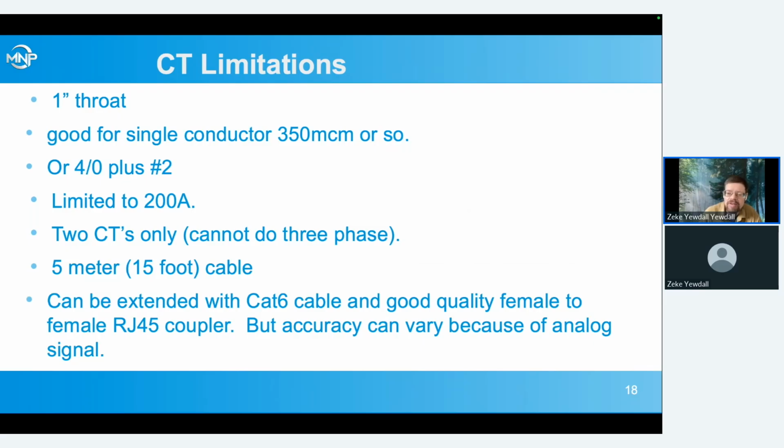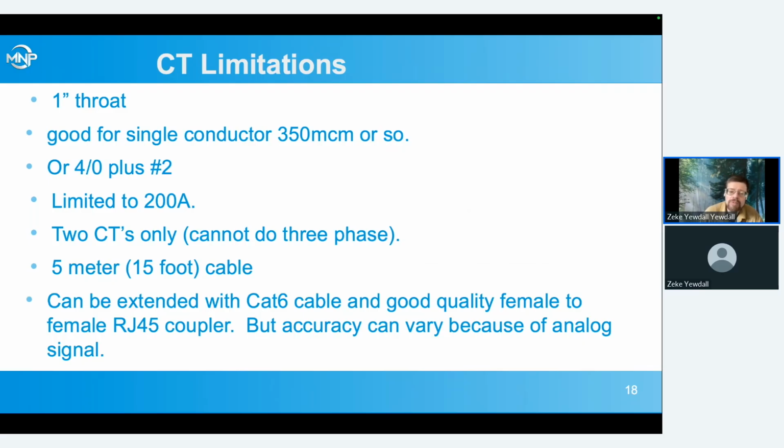And also, we've had issues with a lot of the cheap couplers and cheap cables. We really don't want the CTs dropping out of communication with the inverter, because it starts doing bizarre things when it can't see what's going on.